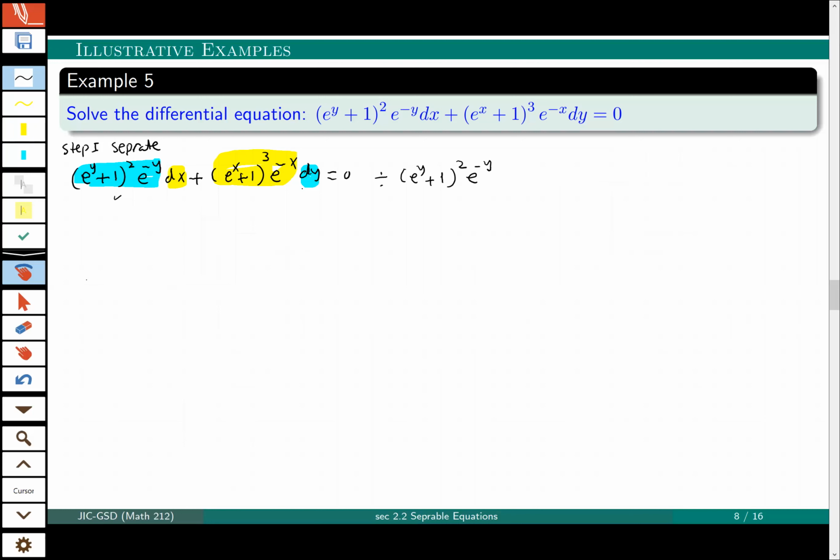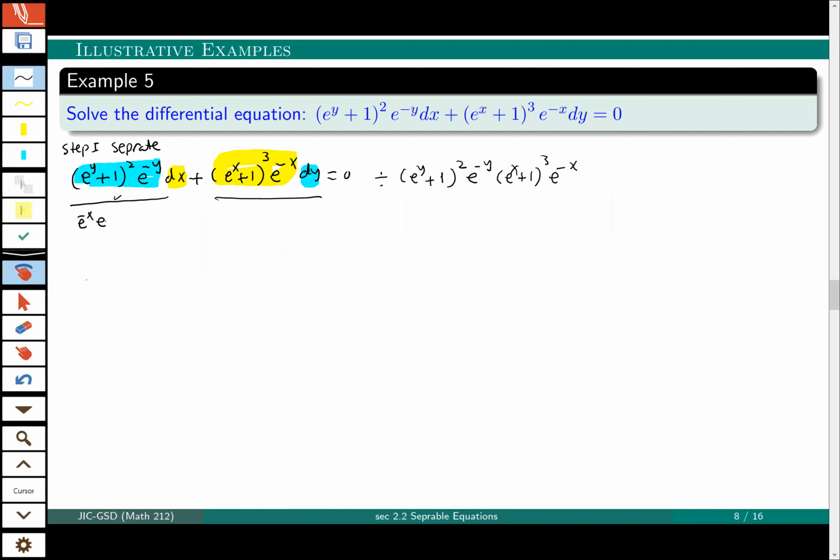So I need to divide by (e to the power x plus 1) to the power 3 and e raised to the power minus x. Doing this division, we are dividing by e raised to the power minus x times e raised to the power minus y times (e to the power y plus 1) squared and (e to the power x plus 1) to the power 3.